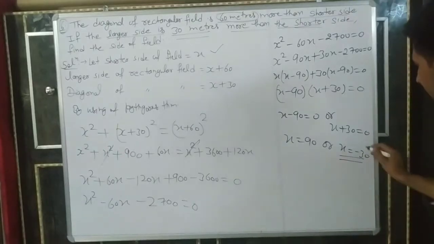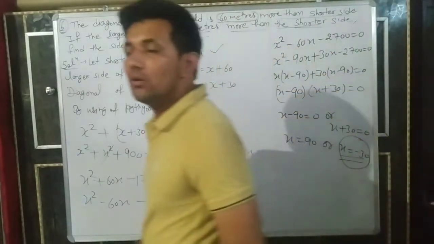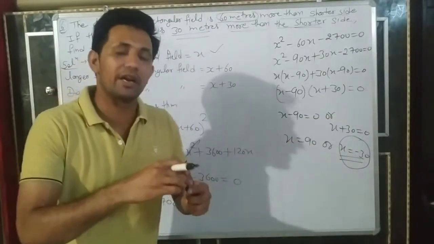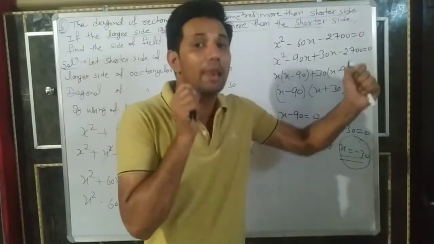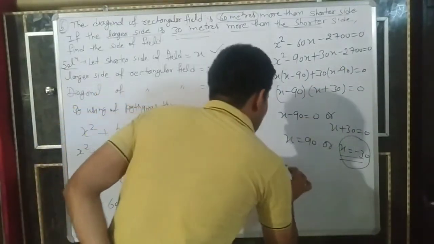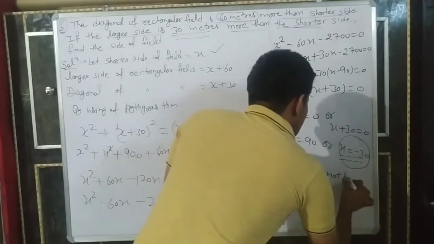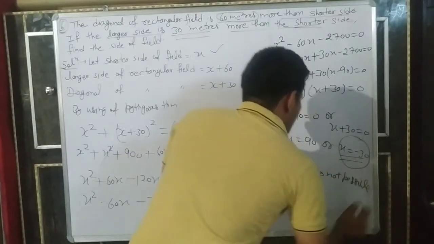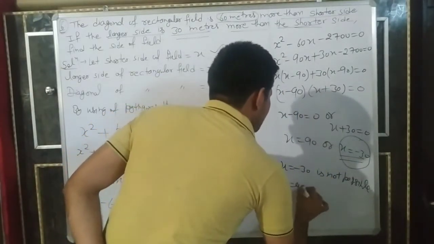Can you take the side of any rectangle as negative? Can you say that the side of a rectangle is minus 5? No, a side always has some length, and length is always positive. So x equal to minus 30 is not possible. Therefore x equals 90.